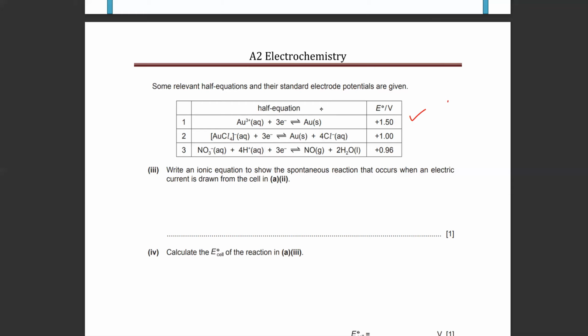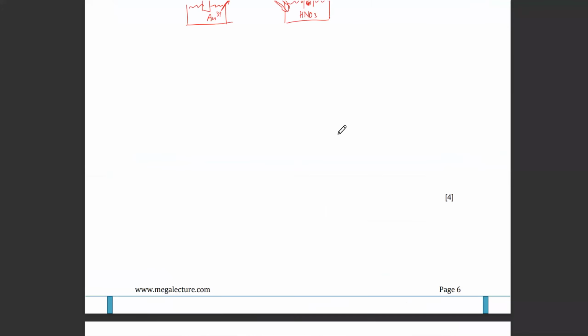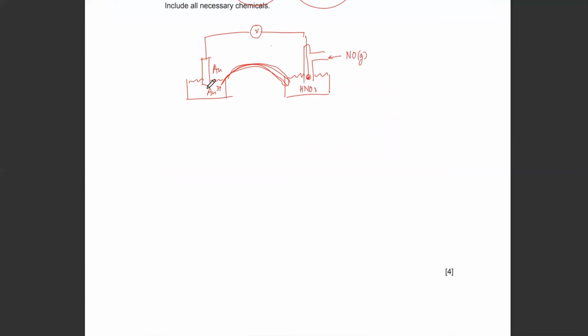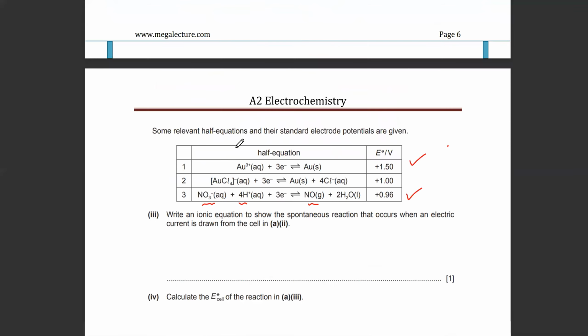The last one is your NO gas, nitric acid, I mean H+, NO3-, NO gas, right? So the reaction is happening between the two. The middle one, the electrodes that we drew, we didn't have any Cl- or AuCl4-, so we can ignore the middle one.